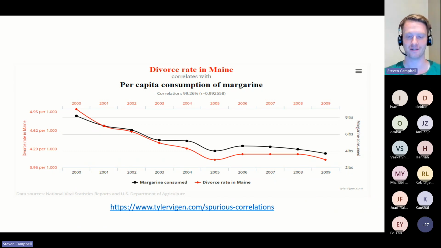There's loads of these, and they're quite funny if you're a nerdy data person and like this sort of stuff. But the point being, these two really have nothing to do with each other. They're very correlated, but one isn't causing the other. I would very much assume they might be. So, we might be getting divorced because we're eating lots of margarine. I think, though, it's quite unlikely.